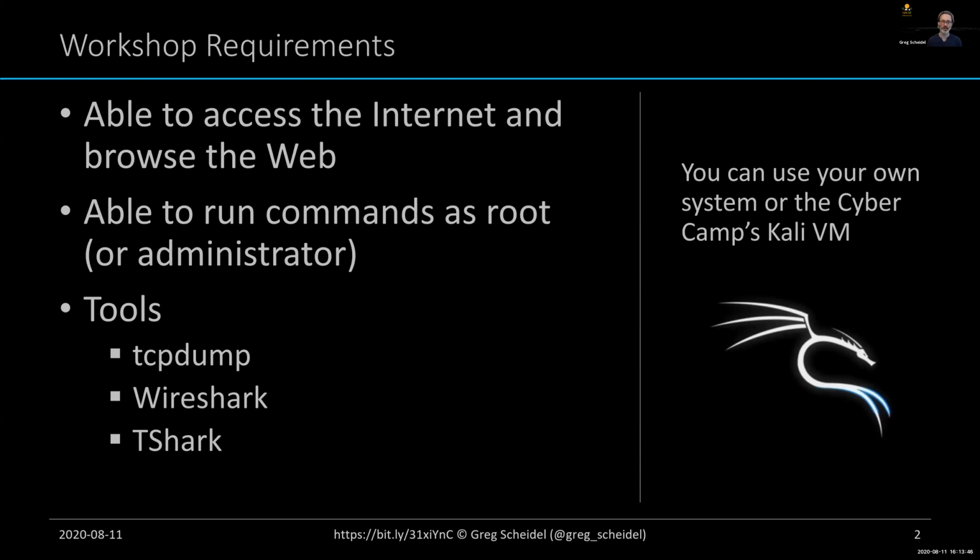Now that's already set up on the Cybercamp's Kali VM. So if you have that and it is working for you, if you pull down later, that's fine. You could also do all of these same exercises yourself on your own system as long as you meet these basic requirements. We're not going to do anything super uber high tech, so there shouldn't be any issues. Mac, Windows, Linux, whatever your preference is, should be just fine.